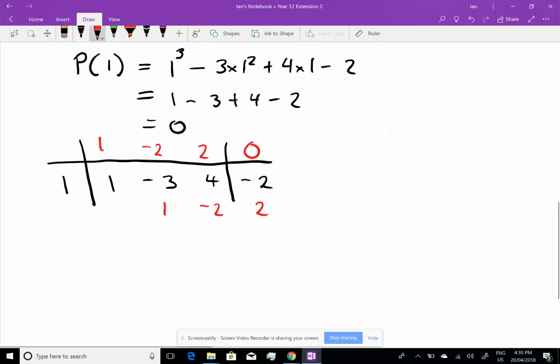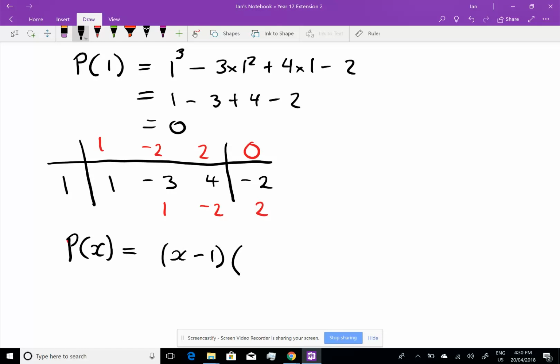So I know I've done it properly. So P of X equals X minus 1, that's what my first bit was, and then I write the top polynomial, which will be X squared minus 2X plus 2.